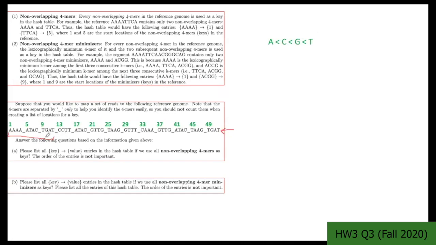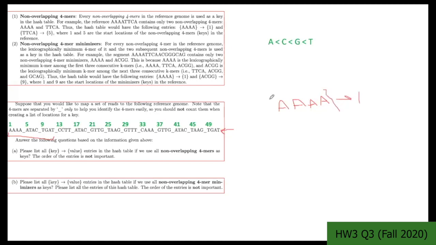So the minimizer out of these 3 k-mers is basically 4 A's, right? So we store them here, 4 A's. And we store also the location of 1.